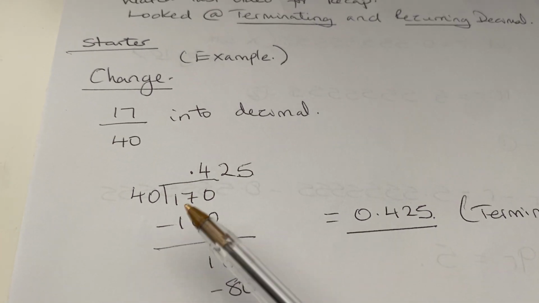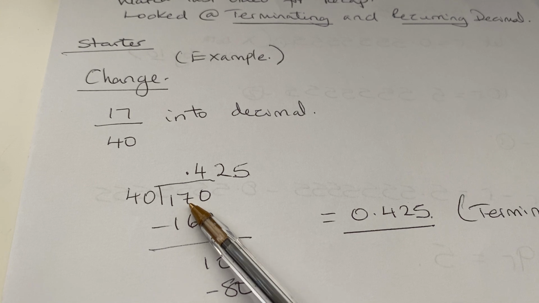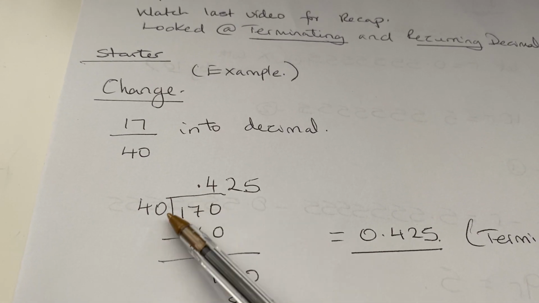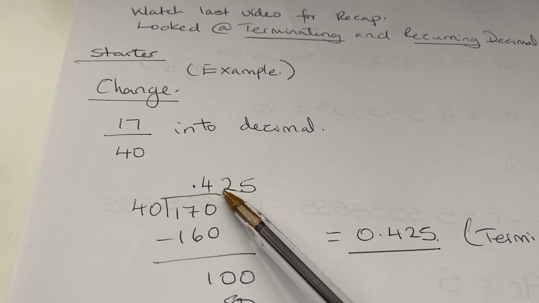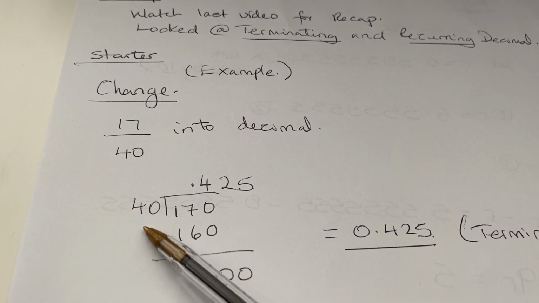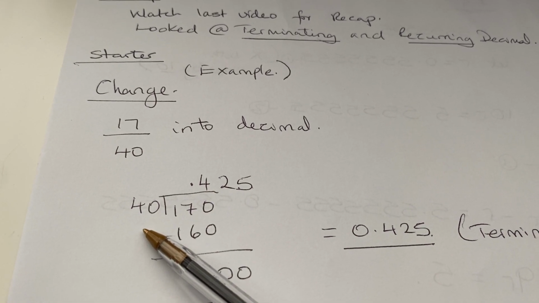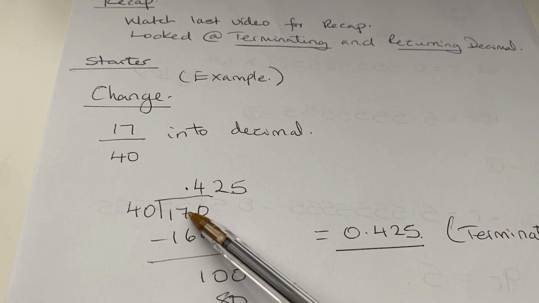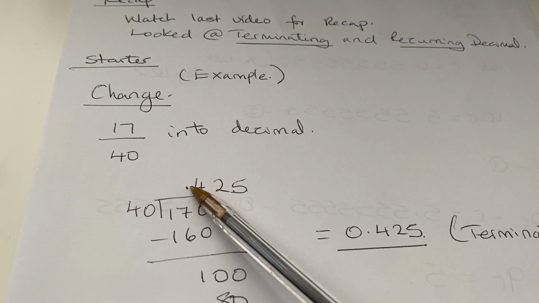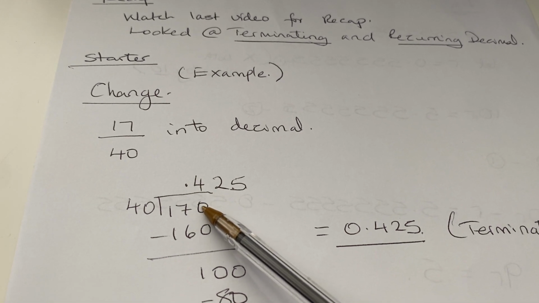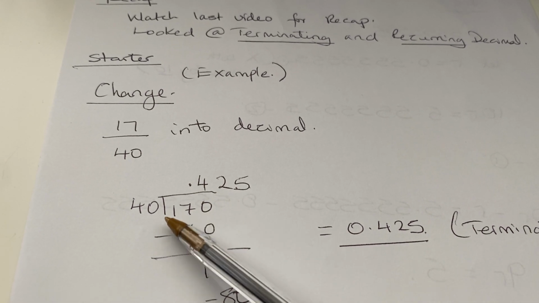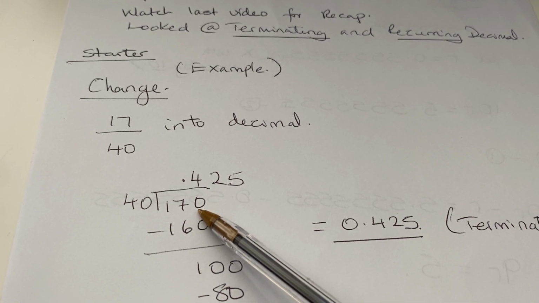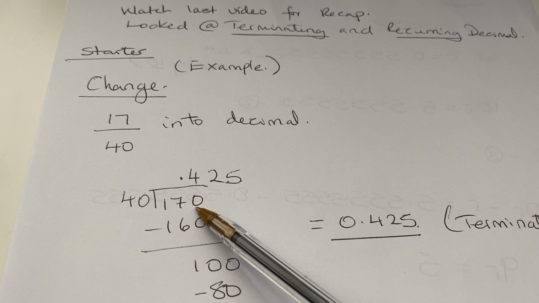So 17 goes inside the partial box, and the 40 is outside. Now we know 40 cannot go into 17, so we put a decimal and then we add 0. How many 40s do you have in 170?